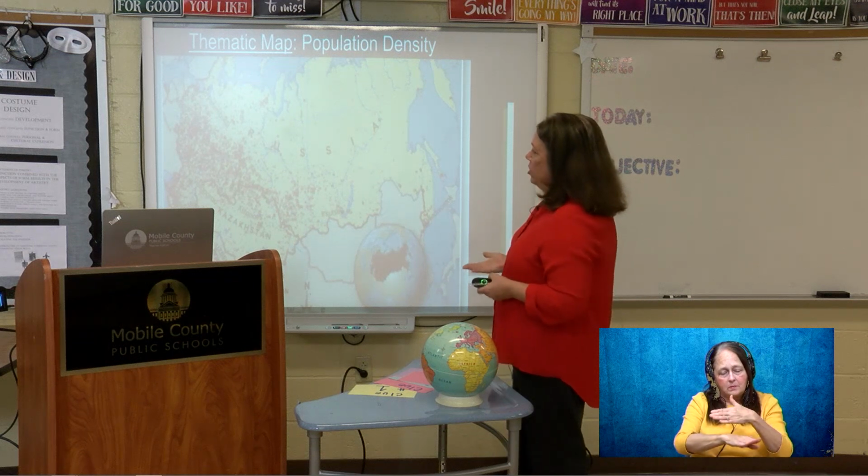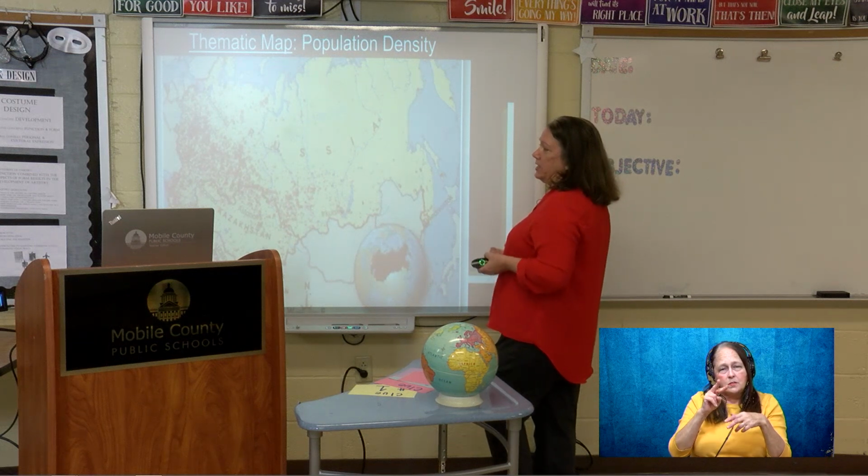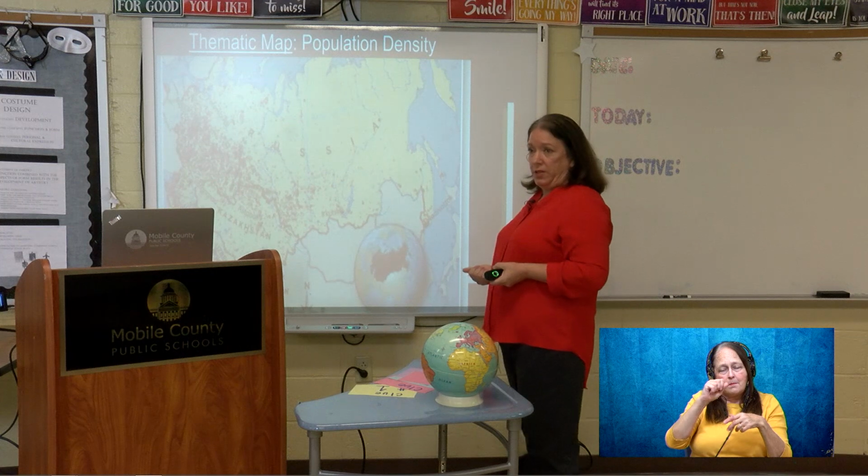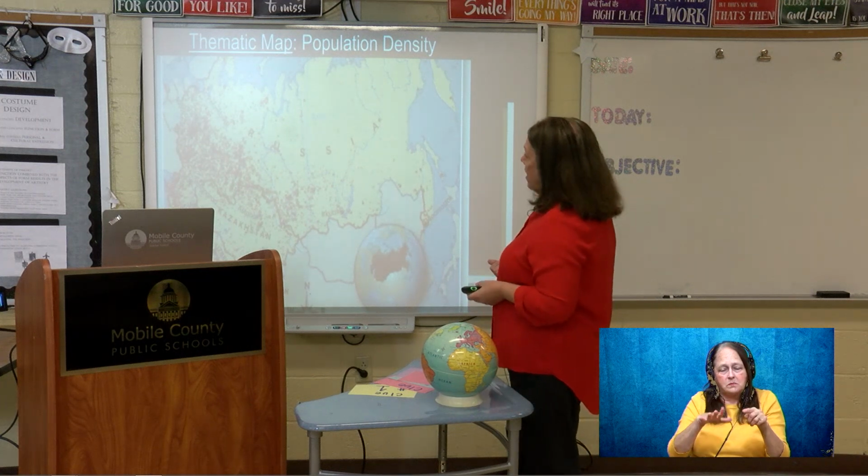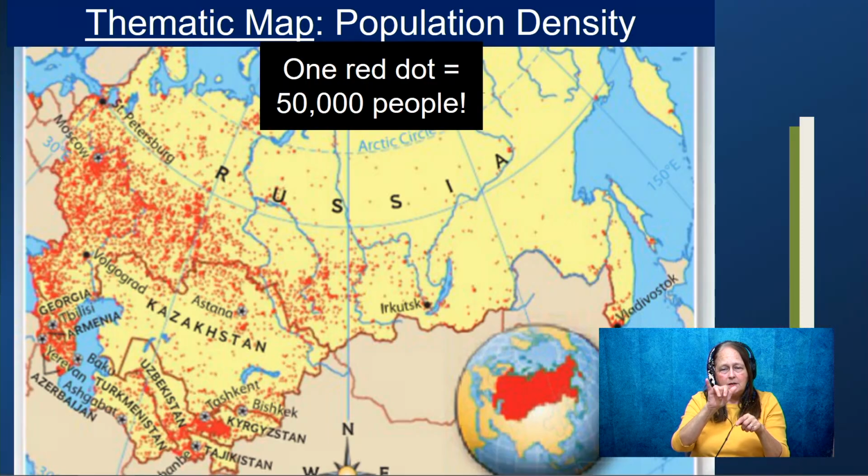We can also look at a population density map to see how this plays out. On this map, a red dot equals 50,000 people. So let's look at where we see the concentration of the red color.